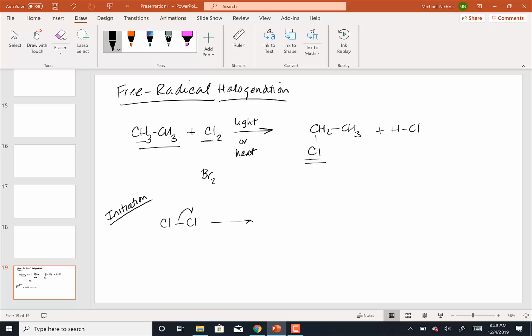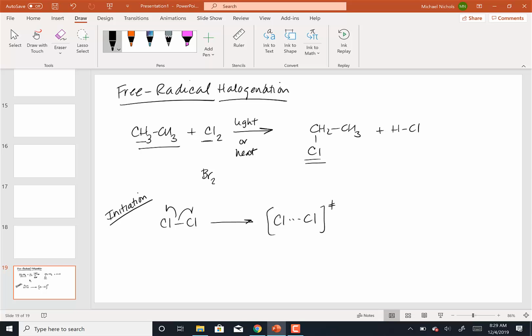In this case, same thing's going to happen. My chlorine is going to disassociate with half arrows indicating movement of one electron. My transition state is again going to be the breaking of the Cl-Cl bond.